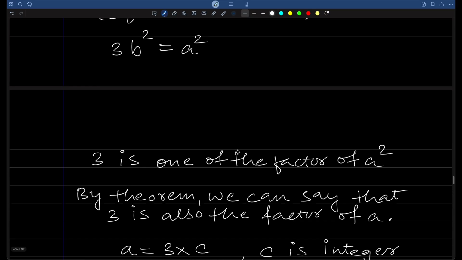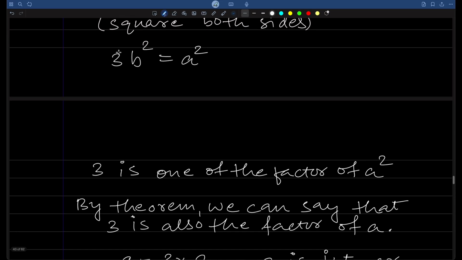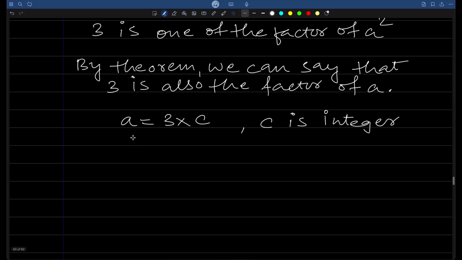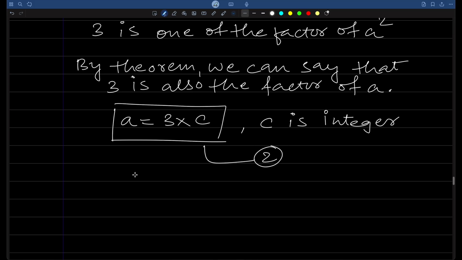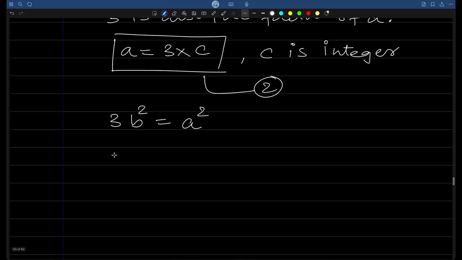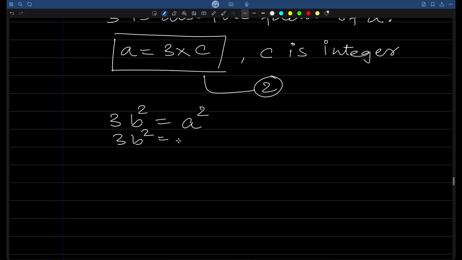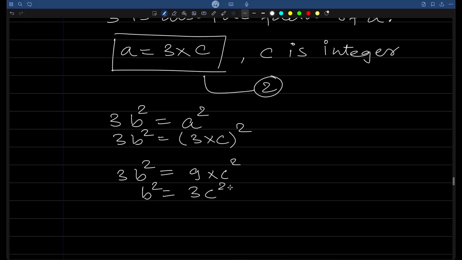Now if I put a equals 3C in the equation 3b square equals a square, we get 3b square equals (3C) whole square, that is equal to 9C square. Divide both sides by 3, you will get b square equals 3C square.